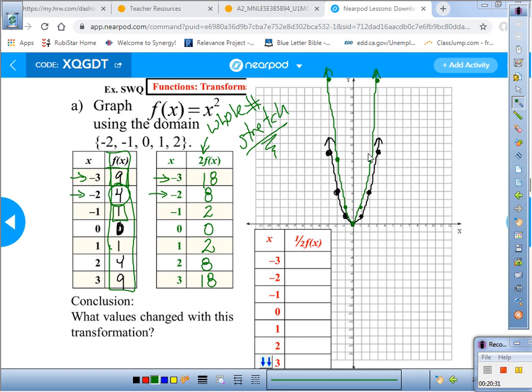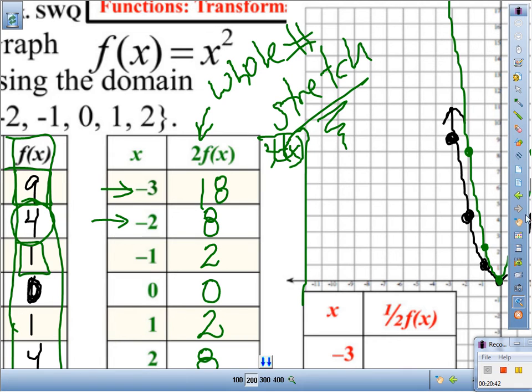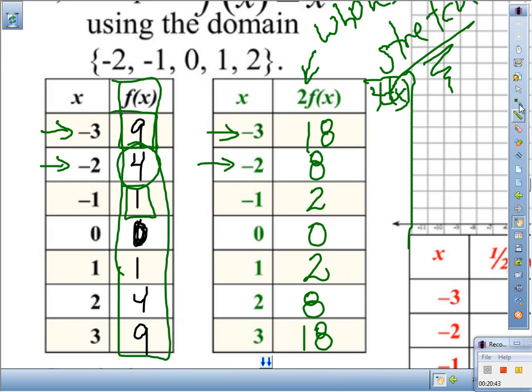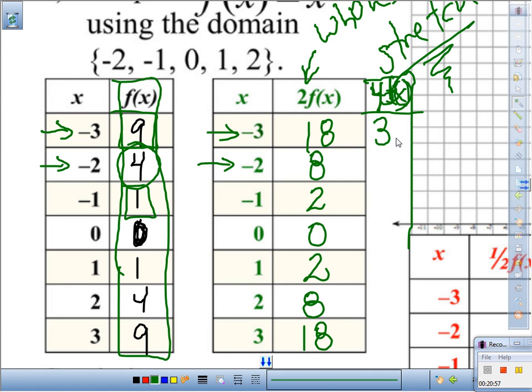And you're saying, I still don't see it, Mr. Q. Well, let me show you. What if I did, next to here, 4 f of x? Let me zoom in. This is 4 f of x. So what does that mean? What is my original f of x? 9, but now it's 4 times that, so what goes here? 36.